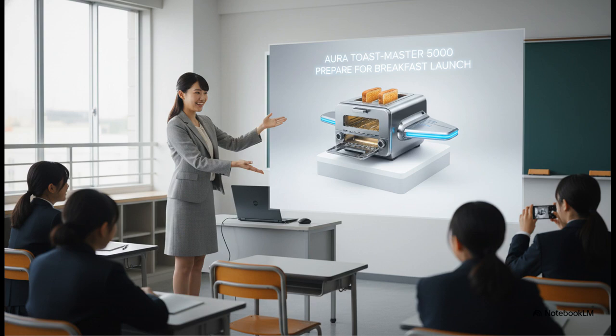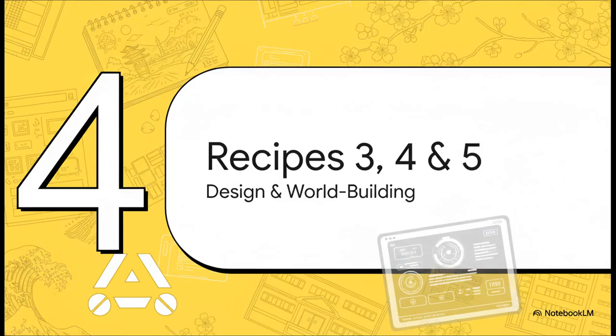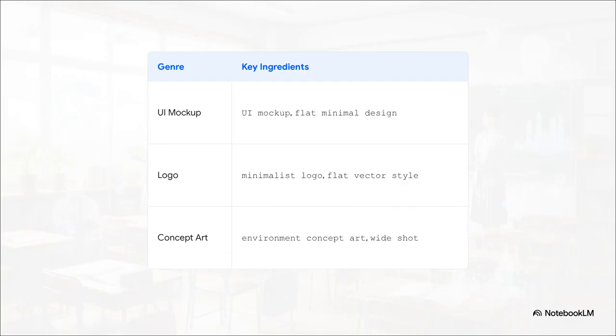It's so cool. Okay, let's speed things up a bit. We're going to cover a trio of really powerful recipes now, all for design and world building, creating user interfaces, logos, and epic concept art. Now, these require a very different approach from photos, so let's break them down. This table lays out the core ingredients for each. So for a UI mockup, you have to think like a designer. You use keywords like flat minimal design and clean layout to tell the AI to avoid photographic detail and focus on usability.